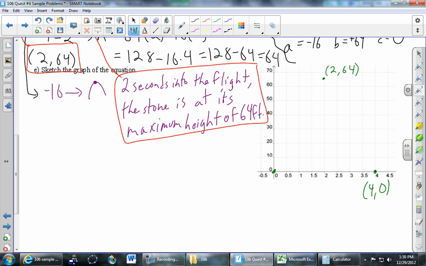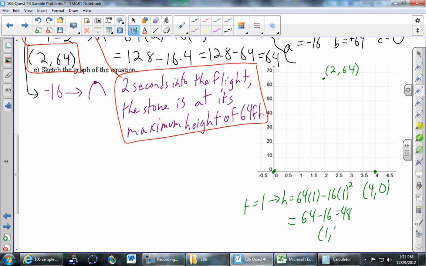And if you want more dots, you're welcome to find them. For example, if you wanted to plug t equals 1 into the h equation, 64t minus 16t squared, you get a little bit more info. So that's really 64 minus 16, which is 48.